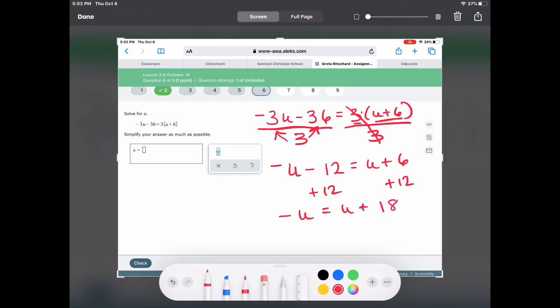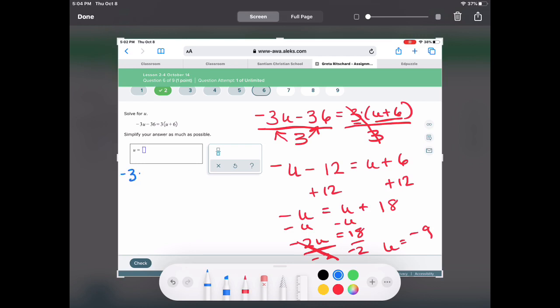This is interesting. There's a whole bunch of ways that could go. Okay, what if I had not done the funny thing and I had used the distributive property?